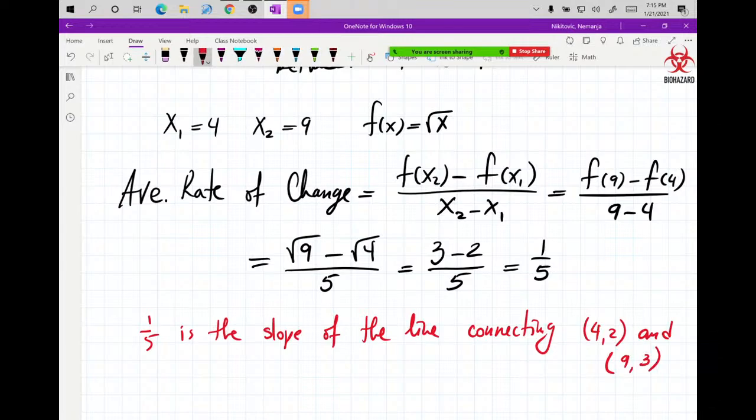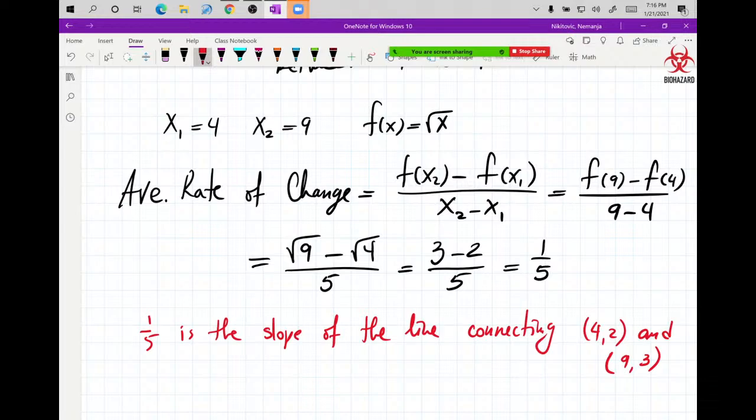You can also use basic algebra. 3 minus 2 is 1 and 9 minus 4 is 5. So that makes sense, but in the word problems where you deal with velocities and things like that, you can't use that cheap shortcut.